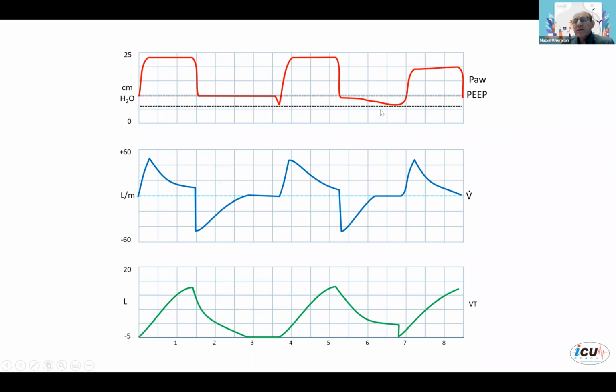We lose the expiratory pressure, which is the PEEP, and that expiratory pressure would actually get to the level that would trigger another breath and would cause what we call auto triggering.